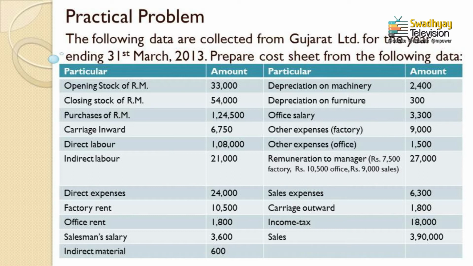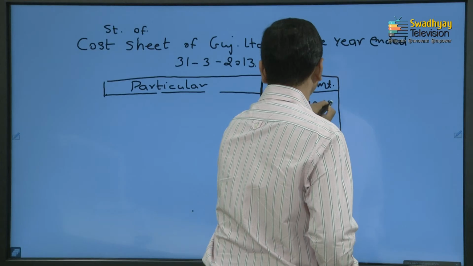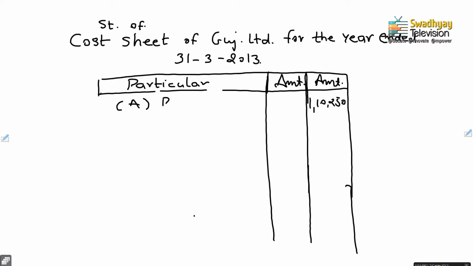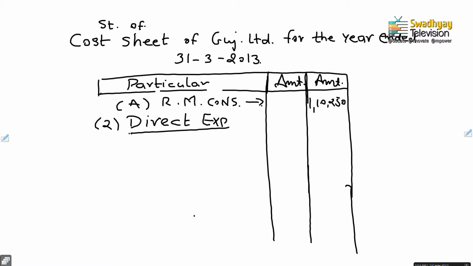As we already found, the 1,10,250 rupees, that is raw material consumed, is your first answer. Under this we will add the second item, that is direct expenses. Now the direct expenses, we will find out one by one.